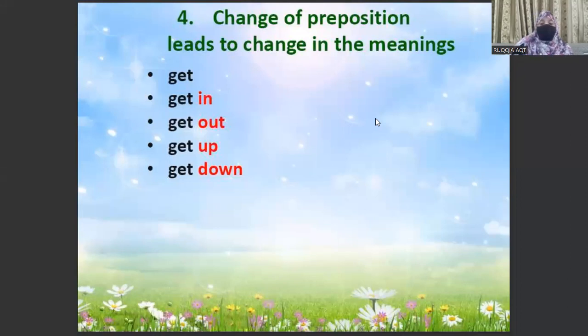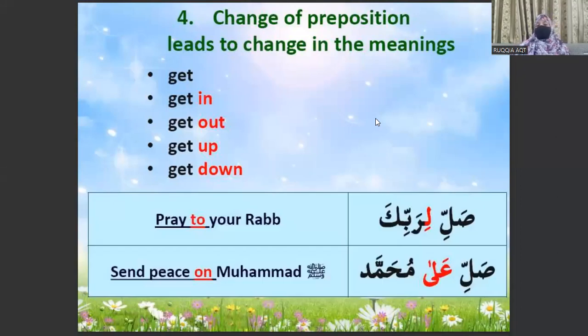Now we will use Arabic examples. We have the word salli. If we use the preposition li after salli, the meaning will be pray to. Salli li Rabbika, pray to your Rabb.